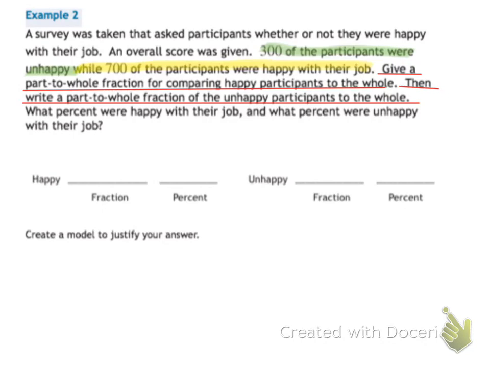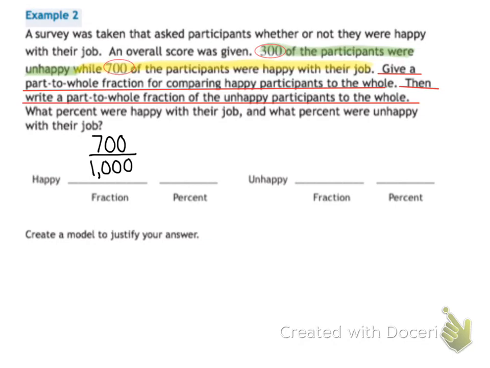So I'm going to start by focusing on the part-to-whole, comparing the happy. So I know that 700 participants were happy, and 700 is the part. To get the total, I need to add 300 plus 700, which gives me 1,000.